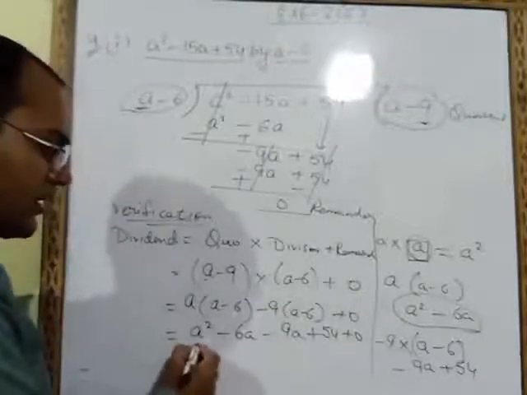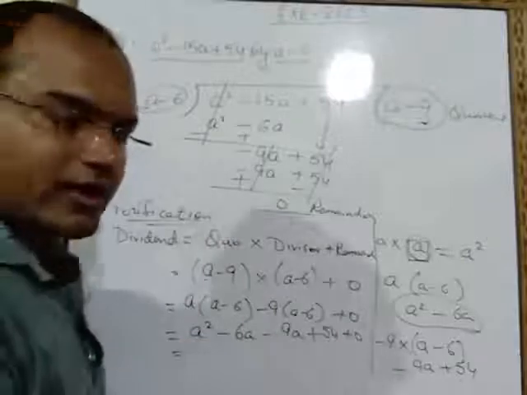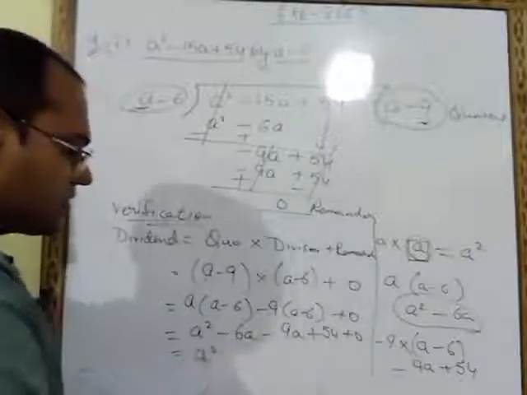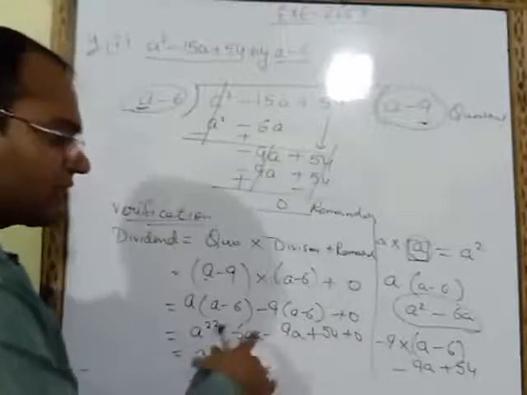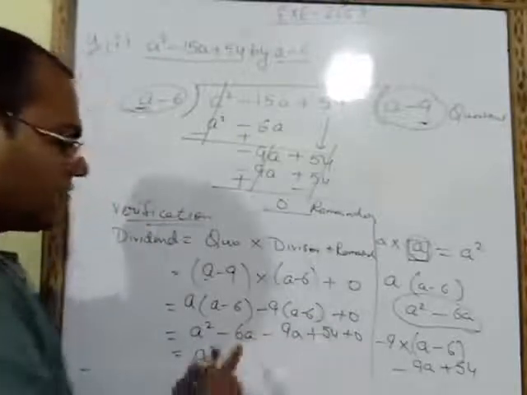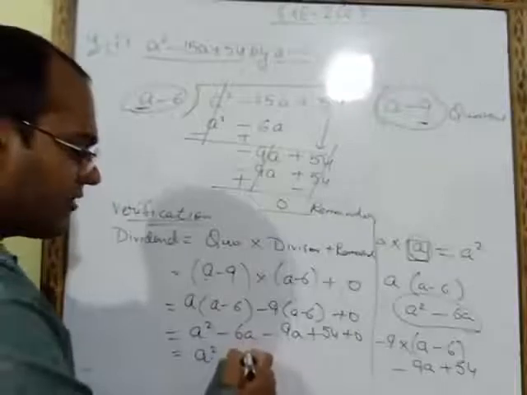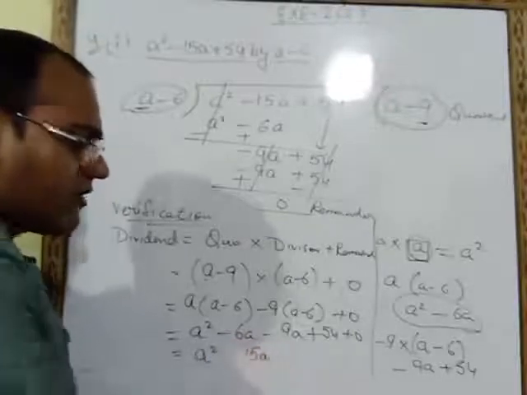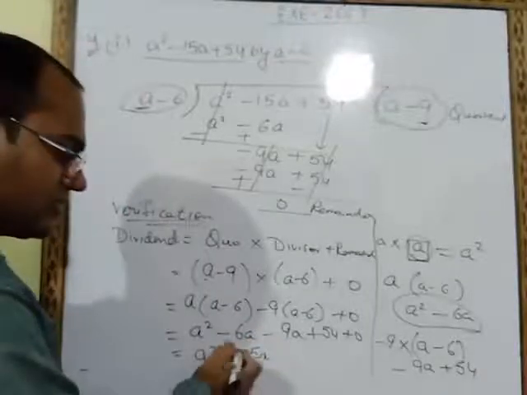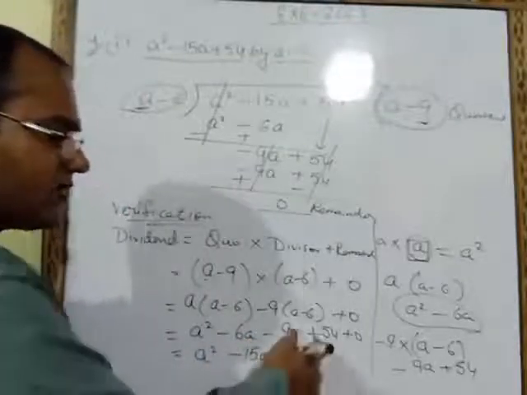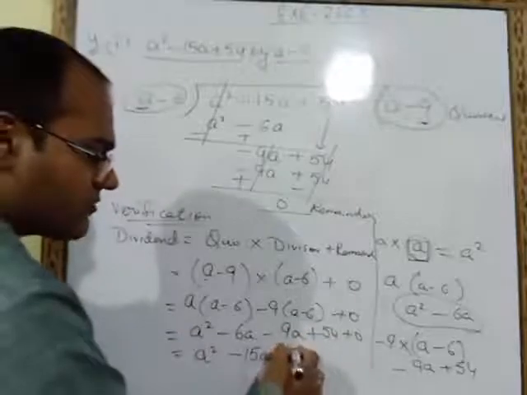Now a square, no other term is having a square, so we will write as it is. This is minus 6a and this is minus 9a. So minus and minus is plus, so we have to add them. On adding them we will get 15a, but we have to put the sign of the greater number. Which one is greater? 9 is greater. 9 is having minus, so we will write the minus sign. Plus 54 and plus 0 will be plus 54.